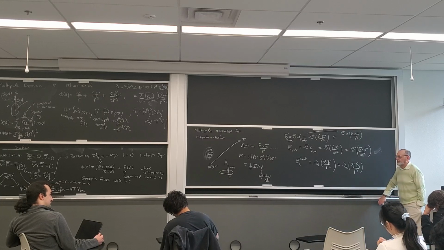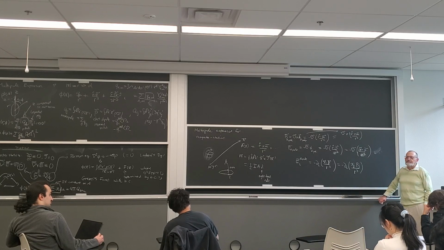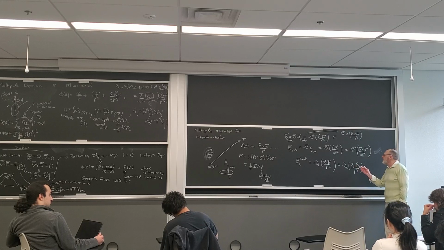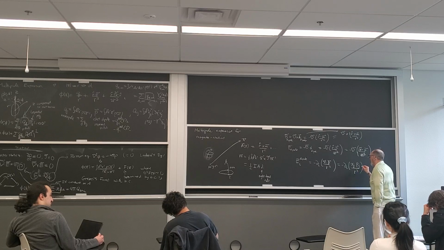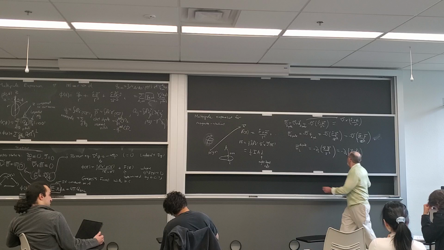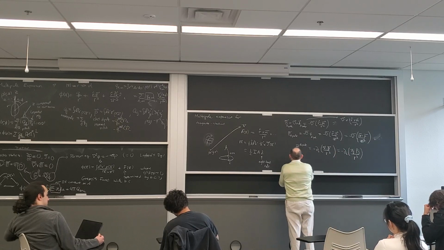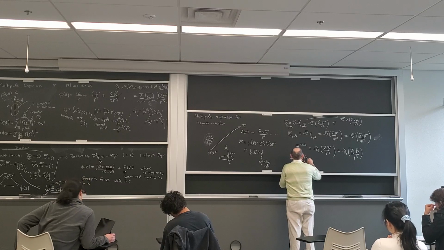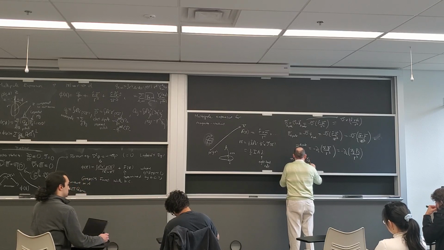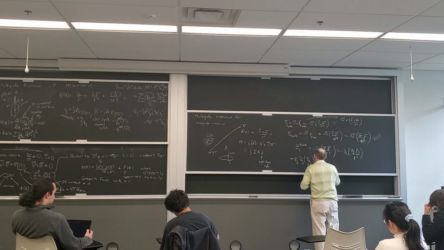Okay, and now what? First of all, the p_j is a constant, it is not varying with the position of observation, so I can take this outside. So I have minus p_j partial_j of x_j over r cubed, which is equal to what?